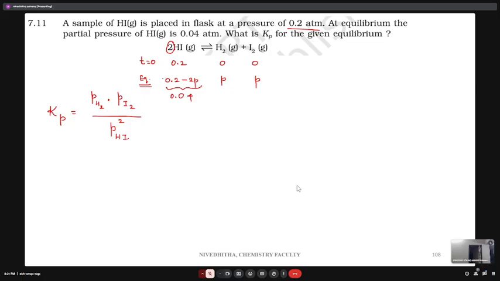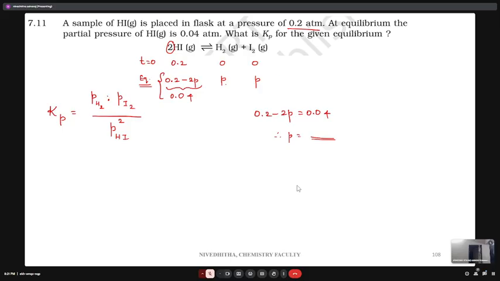See, according to this assumption, 0.2 minus 2p is 0.04, right? So from this we can find the value of p. So if we know the value of small p, then we know the partial pressure of hydrogen and iodine.